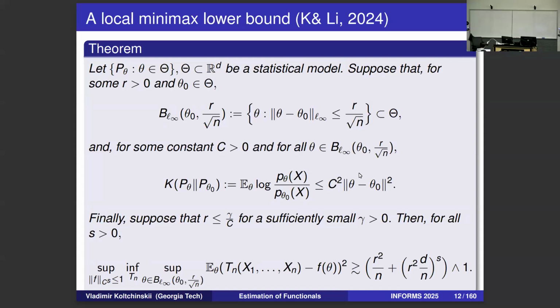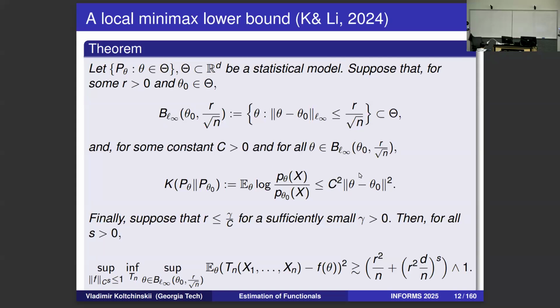This is the minimax lower bound, and in a lower bound it is better to put the supremum over as small a set as possible, so I'm putting it over this L infinity ball. You can, if you wish, replace it by an L2 ball of bigger radius, okay? But the important thing here is the structure of this bound.